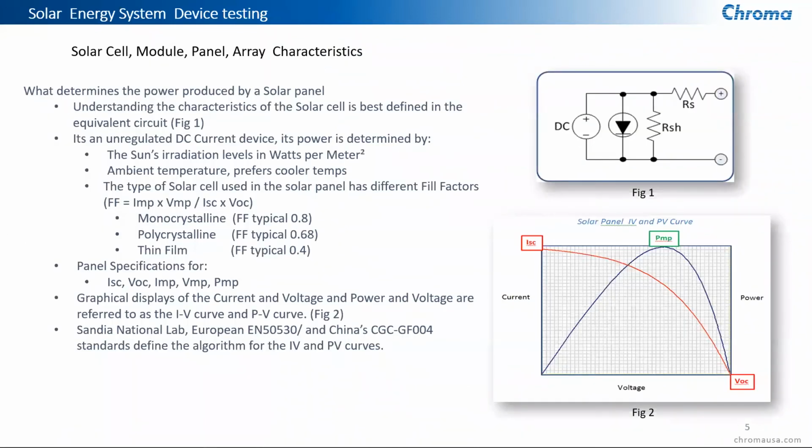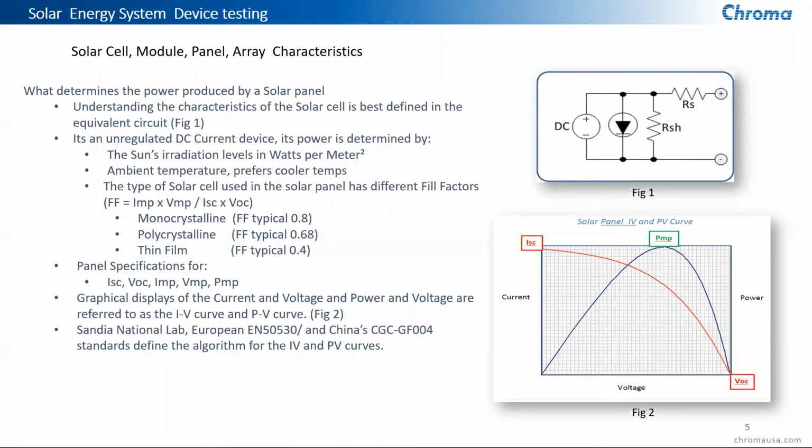Once we get into the test itself, before we start, I'd like to just cover briefly, this cell just gives you kind of an overview of what a solar array's electrical characteristics would normally be. So we know that the power is not regulated on the output of a solar array, and it gets a range of power depending on the irradiation level from the sun.